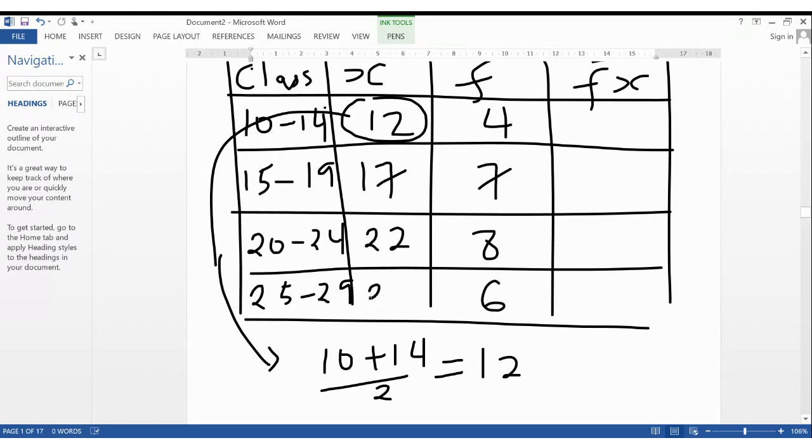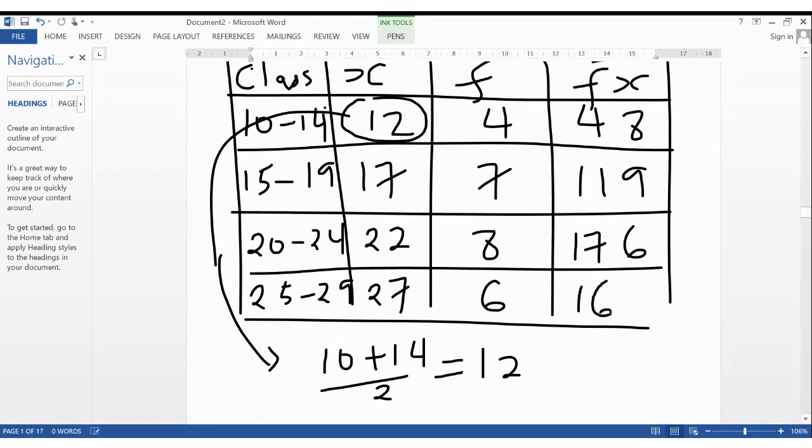So now we multiply our f times x. 12 times 4, I'm getting 48. 17 times 7, I'm getting 119. 22 times 8, 176. And then 27 times 6 is 162.